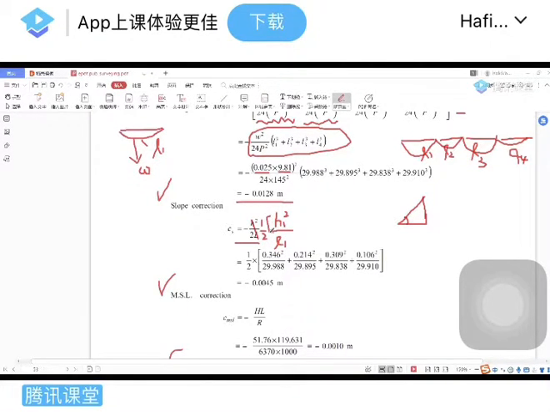You sum it up plus the second measurement, H2 squared and L2, and the third one, and so on and so forth. In total you have 4. You put them together and use this formula.